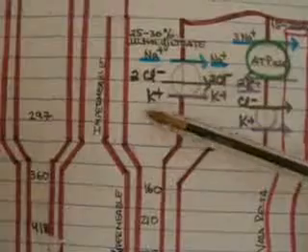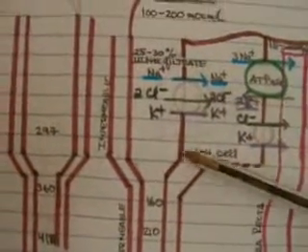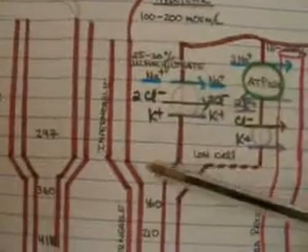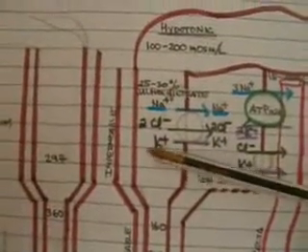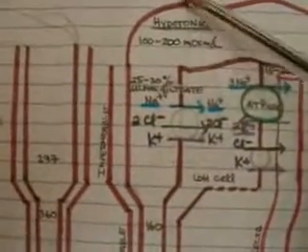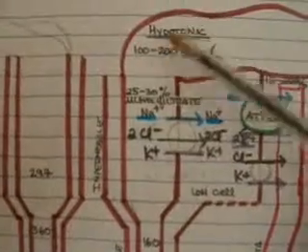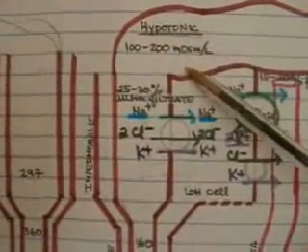And you can see here, because sodium is being actively transported out of the cell, the fluid that's leaving the ascending limb of the loop of Henle is considered hypotonic, roughly around 100 to 200 milliosmoles per liter.